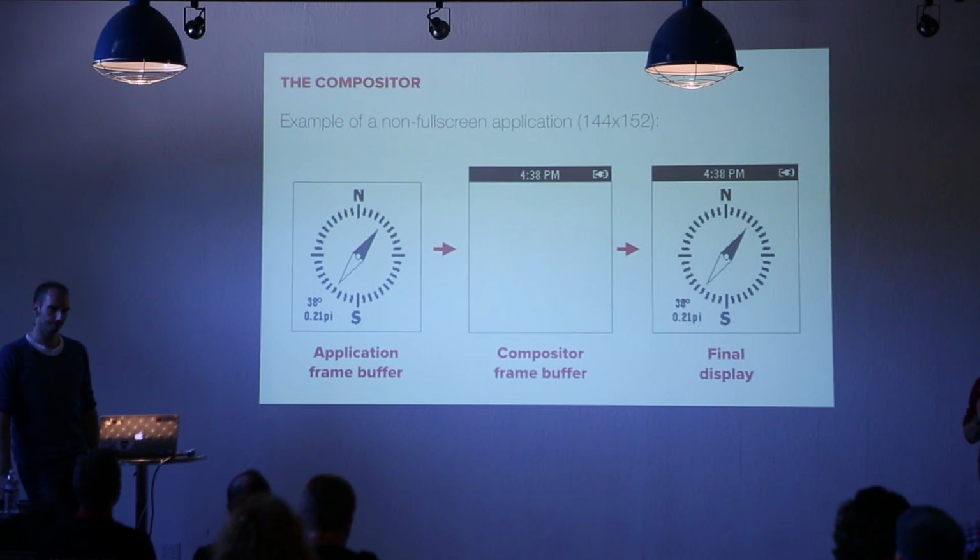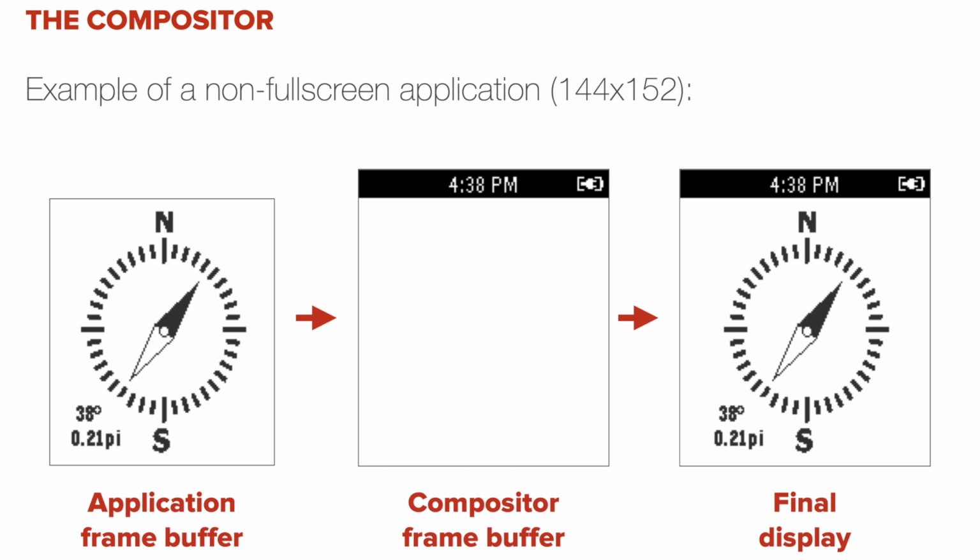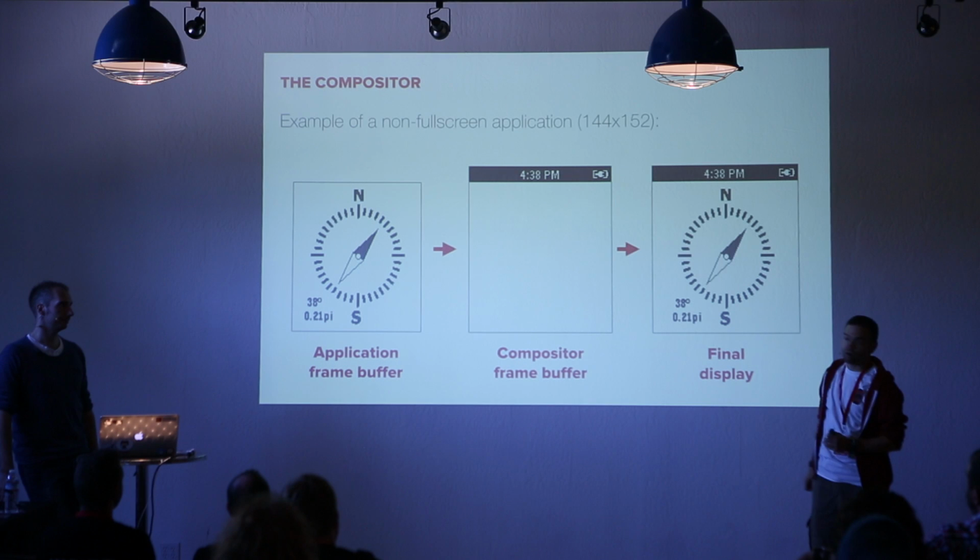How this works under the hood is that once we've rendered everything to our application frame buffer, we want to actually see it on the display. Some applications aren't full screen. A lot of times it's nice if you just have the time done for you on top of the screen, and you can create a non-full screen application. Your resolution is going to be 144 by 152. So you can see over here, the application frame buffer is missing that top bar, that top space. The system compositor is going to render that into its own space, so our application isn't doing it.